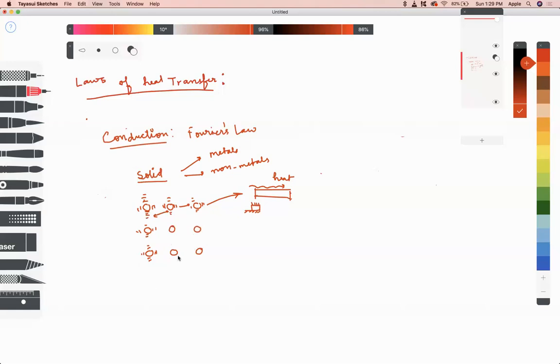If you take an example like aluminium or even iron or copper, they are very good conductors of heat. Whereas glass and ceramic are very bad conductors of heat.